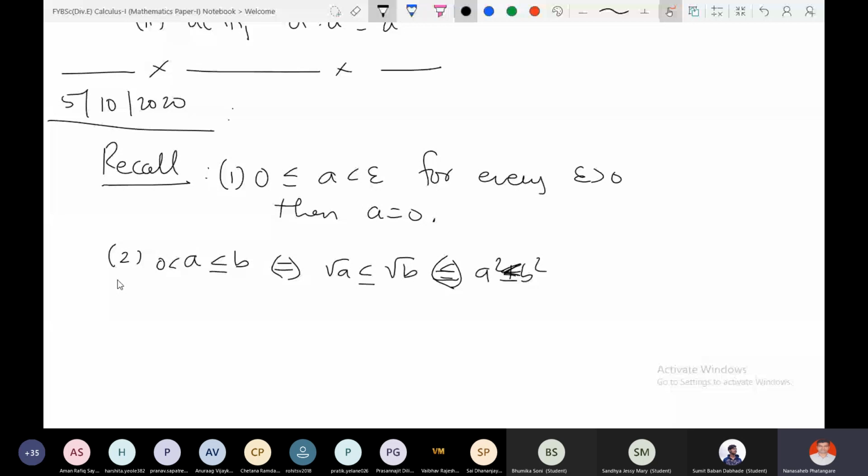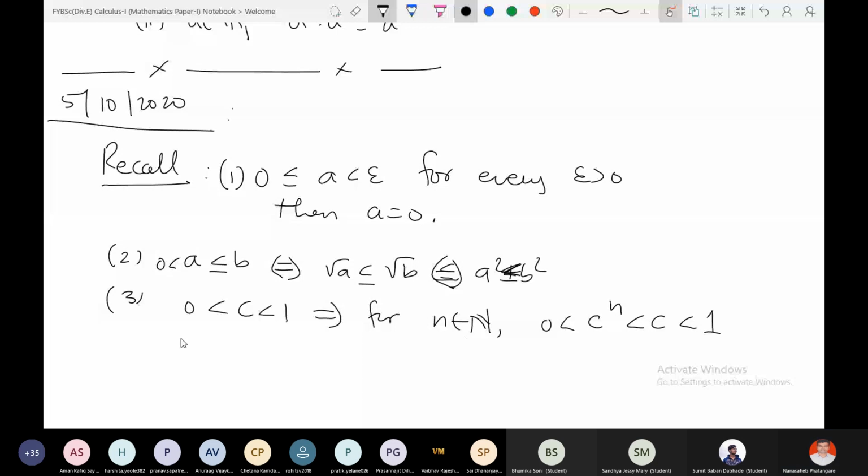Also we discussed that if 0 < c < 1, then for a natural number n, 0 < cⁿ < c < 1. If c > 1, then c < cⁿ, and it is greater than 1.